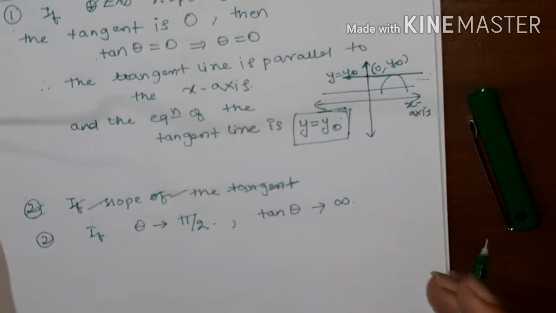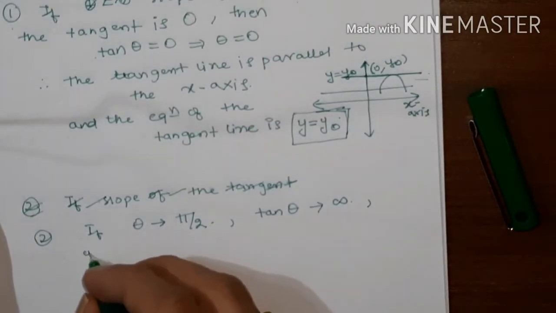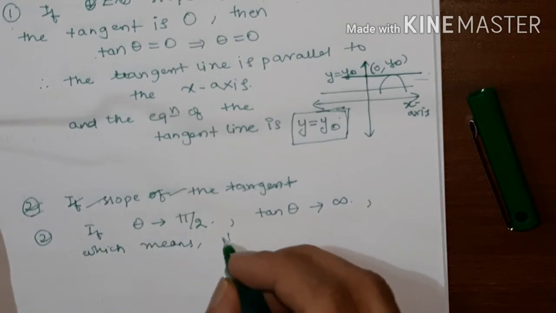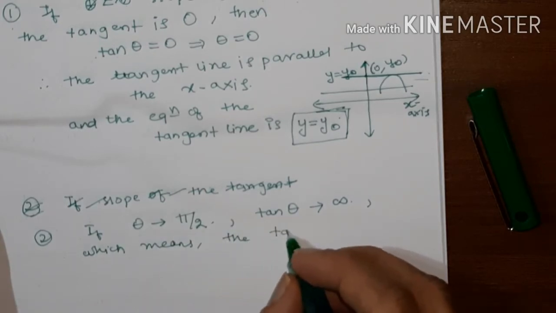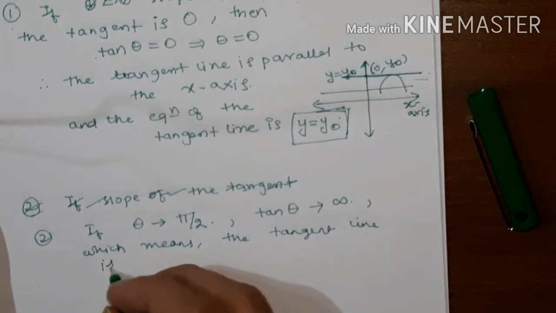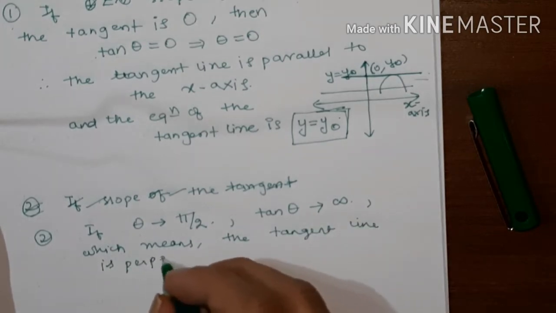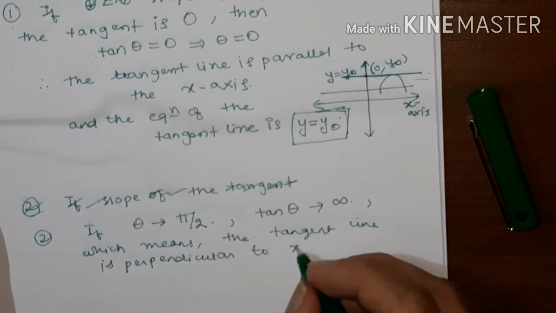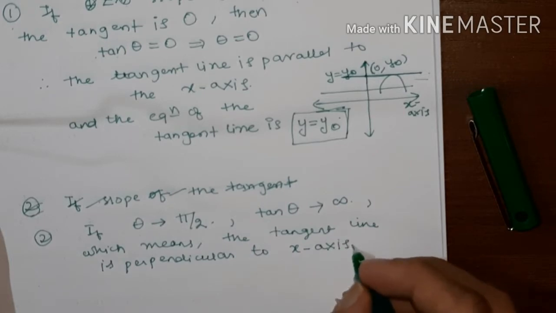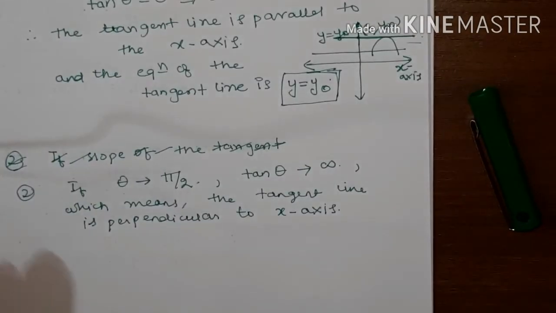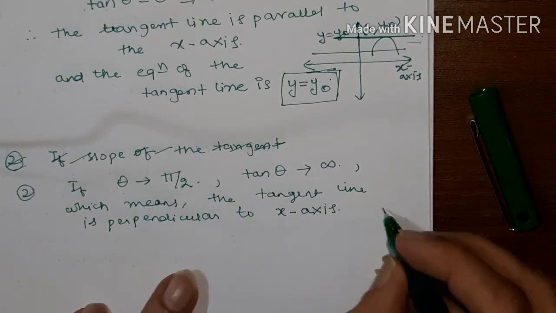So which means the tangent line is perpendicular to the x-axis, right? Because the slope is infinity, that means theta is approaching pi by 2.